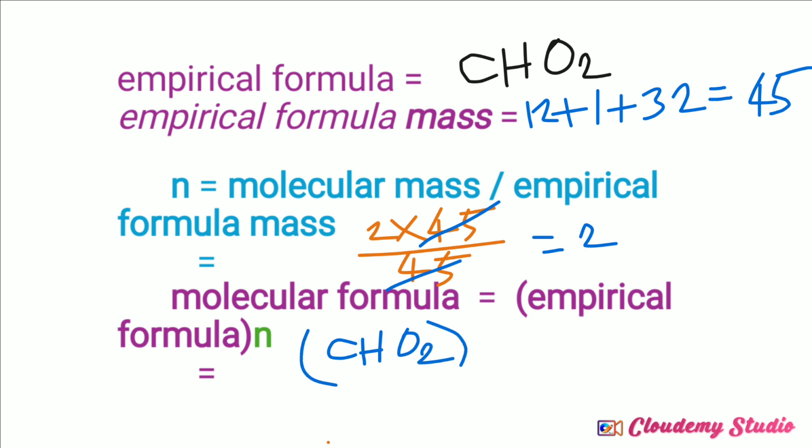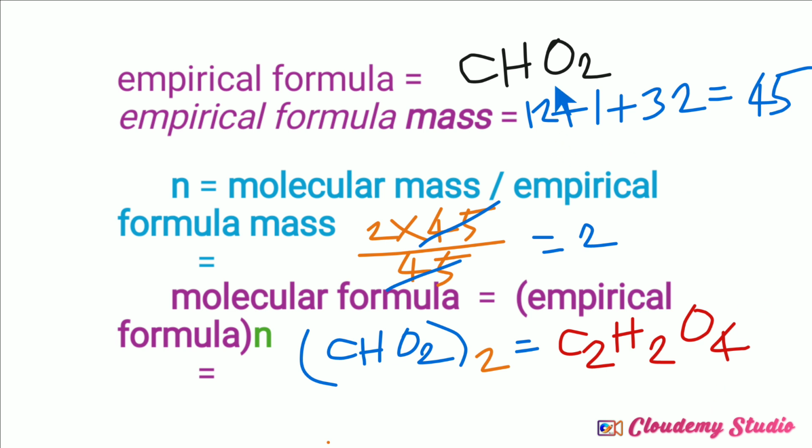This has to be multiplied by the value of N. That value of N is 2. So the result is C2, hydrogen also 2, oxygen 4. So the molecular formula of the given compound is C2H2O4. This is the answer.